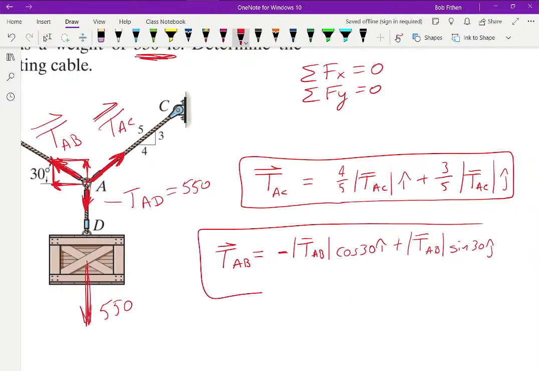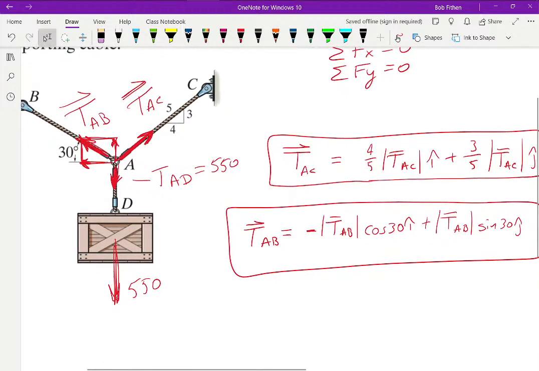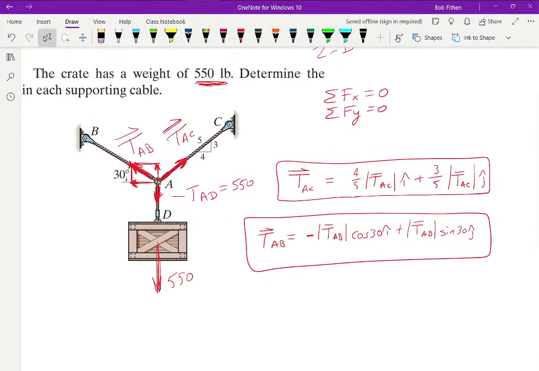So I've got these two tensions in vector form. These are fairly simplistic. There is a possibility it could be much more complicated than this, but one is obviously going to the right, has a 3, 4, 5 triangle. The other one has 30 degrees.